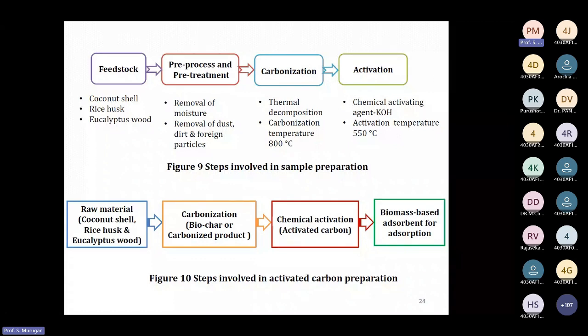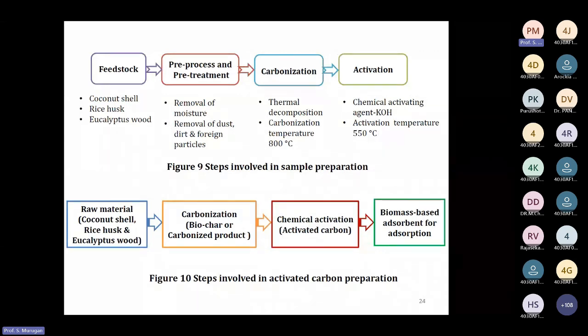In the thermal decomposition of biomass, you will get three principal products, namely bio oil, biochar, and synthetic gas or syngas. You take only biochar, which you get as a residue at the bottom of the reactor.